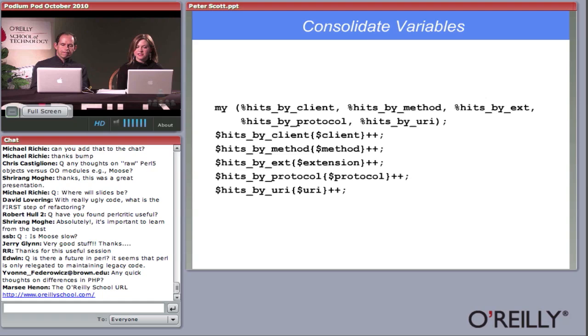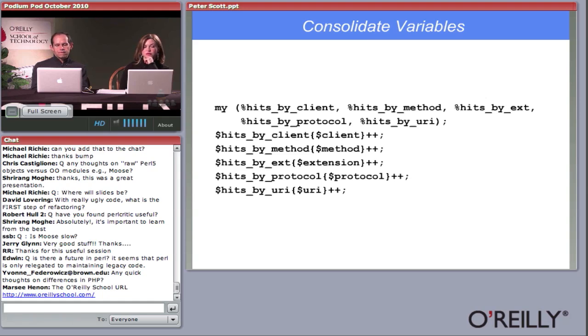Robert says, have you found Perl Critic useful? Yes, I have. One of the things I do is code review of legacy code for companies, and I'll run their legacy code through Perl Critic with various levels set to find problems in it and generate reports.